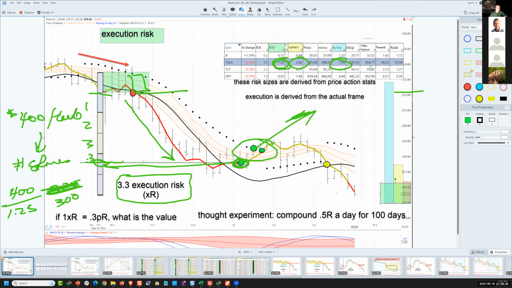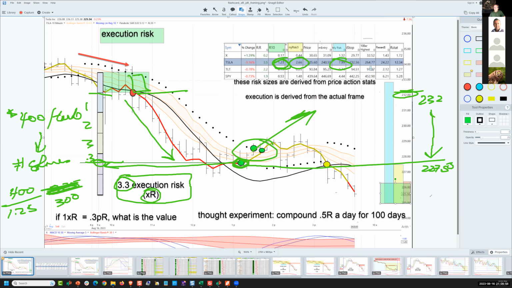So for every dollar risked, I captured 3.3 of the execution risk. So it got short at about 232. It gets out at about 227.50, let's just call that.